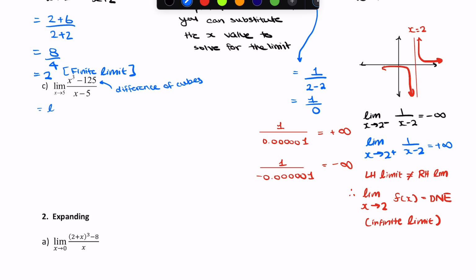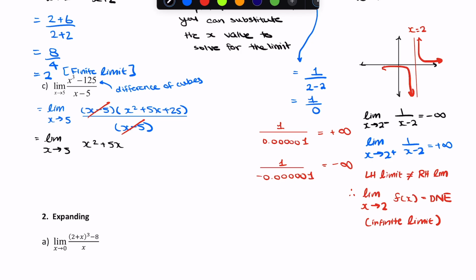Here we have the limit as x approaches 5 of x cubed minus 125, which we can rewrite as x minus 5, x squared plus 5x plus 25, over x minus 5. And here, the x minus 5 can cancel out. Here we'll be left with the limit as x approaches 5 of x squared plus 5x plus 25.